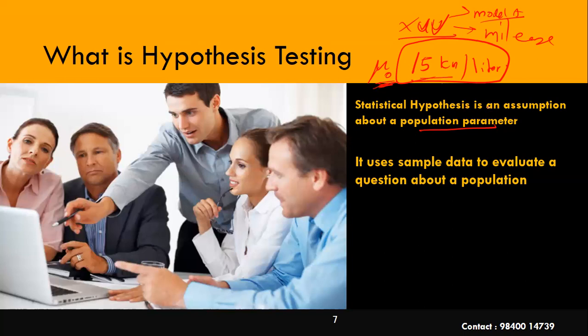So the statistical hypothesis is an assumption about the population. This is a parameter; the population mean is called a parameter. We don't know the average mileage given by the XUV Model A vehicle. But as per the claim made by the manufacturer, we are hypothesizing that the population mean is 15 kilometers per liter.